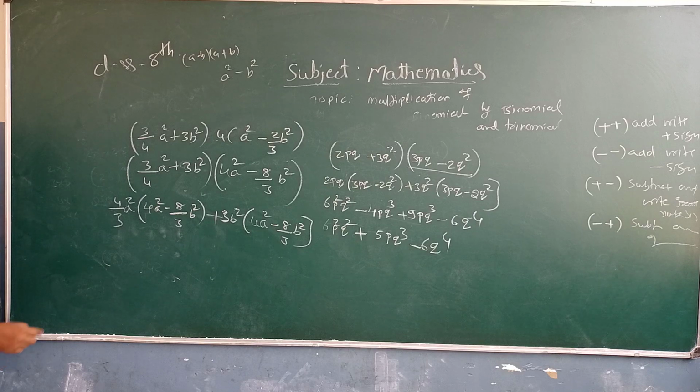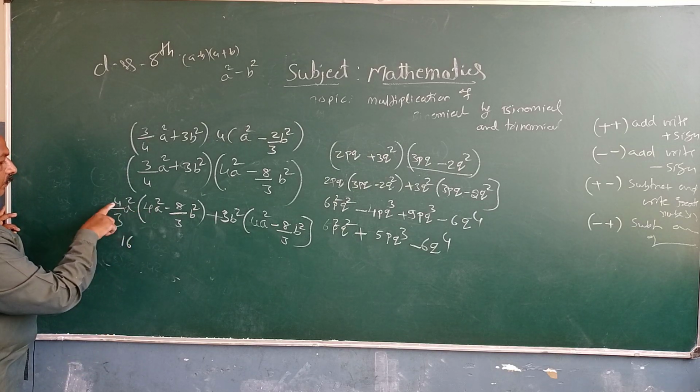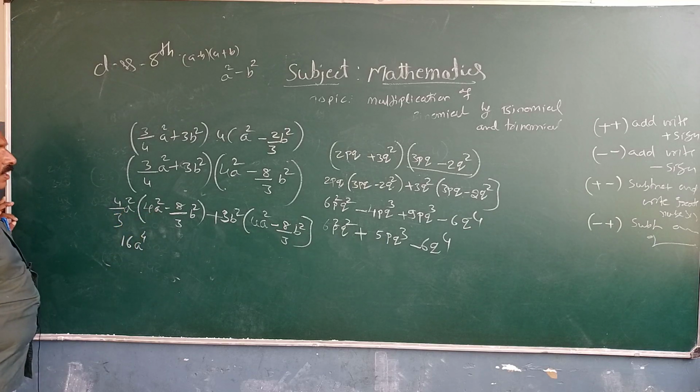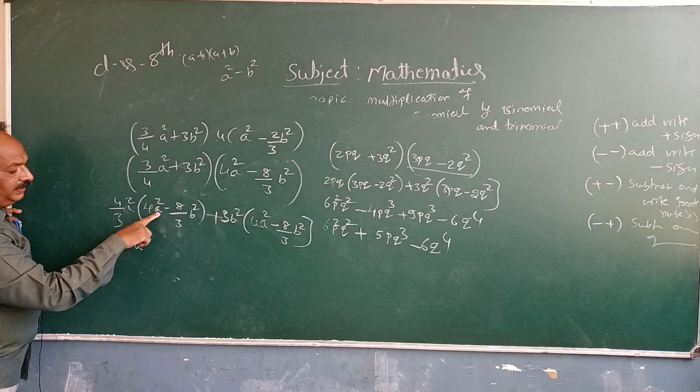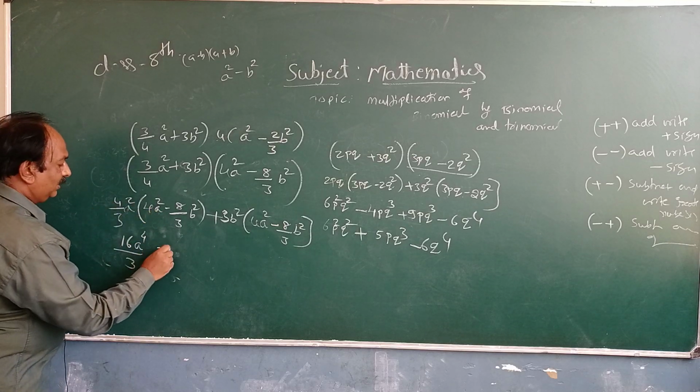So 4 4s are 16, A square into A square, A to the power of 4, divided by 3.